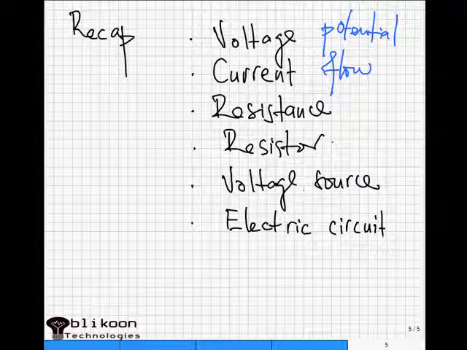Resistors are devices we use to achieve resistance, and they are rated in ohms. Voltage is in volts. Current is in amps. A voltage source is a device that provides voltage. An electric circuit is an arrangement of physical components that achieve some functions.